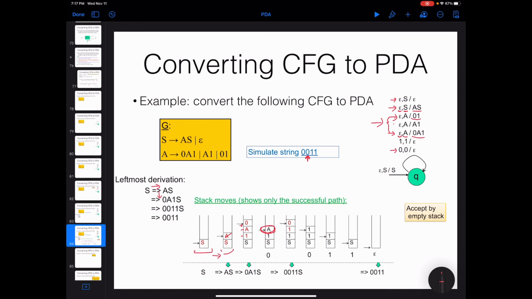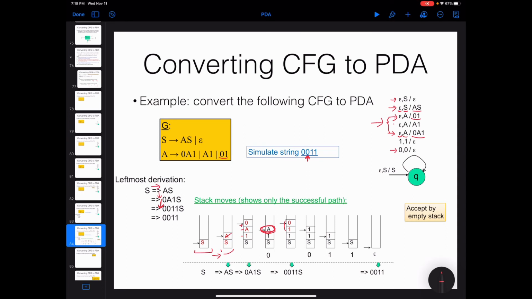You can see that this is exactly the next step in the leftmost derivation, right? We removed A and replaced it with 0 1, one of the rules here, the step that we have done in the leftmost derivation.